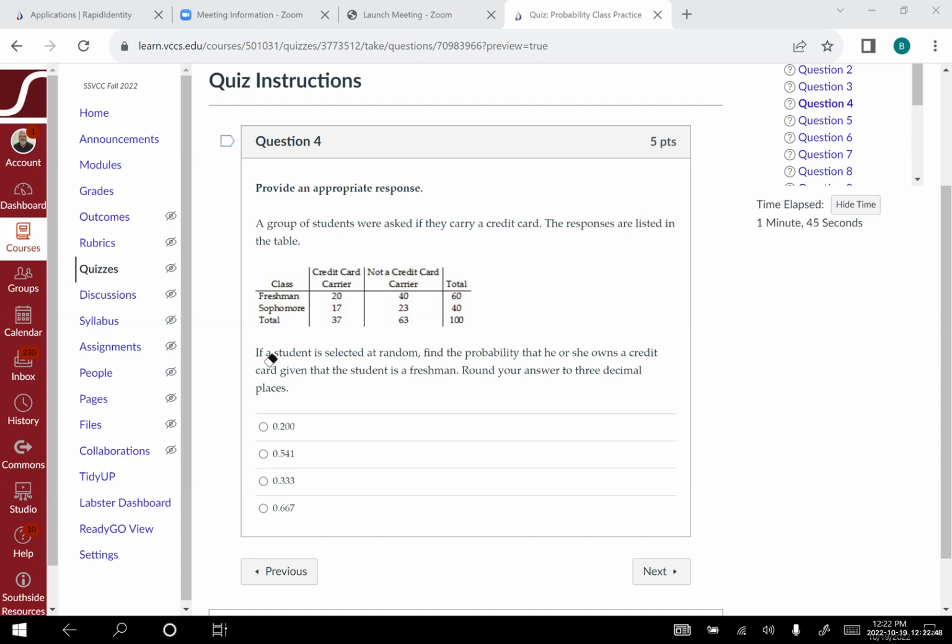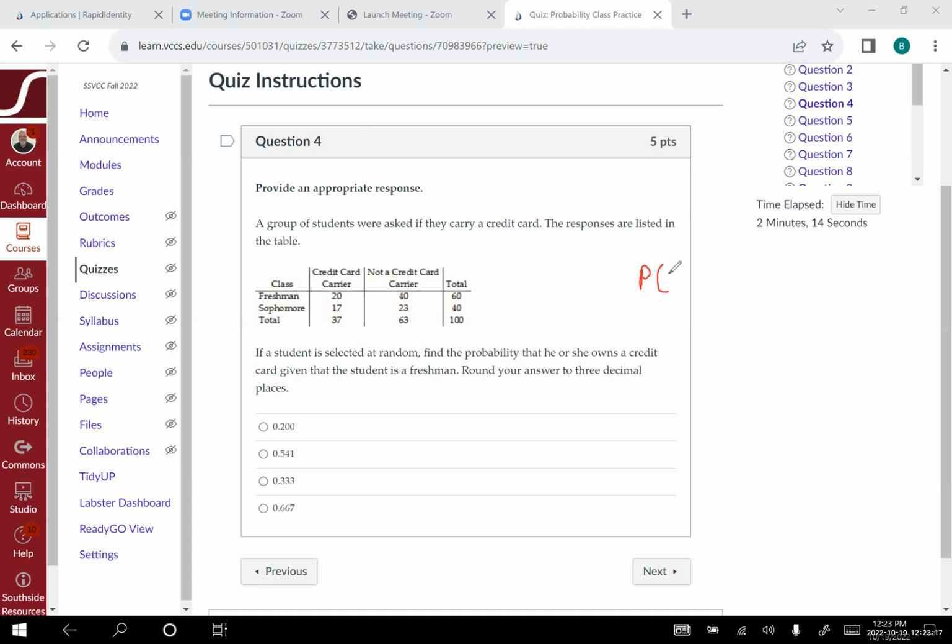They say now, here's this data we have. If we select a student at random, find the probability that he or she owns a credit card given the student is a freshman. I used to make a lot of mistakes on these things, so I like to write the formula up here so it stays with us.